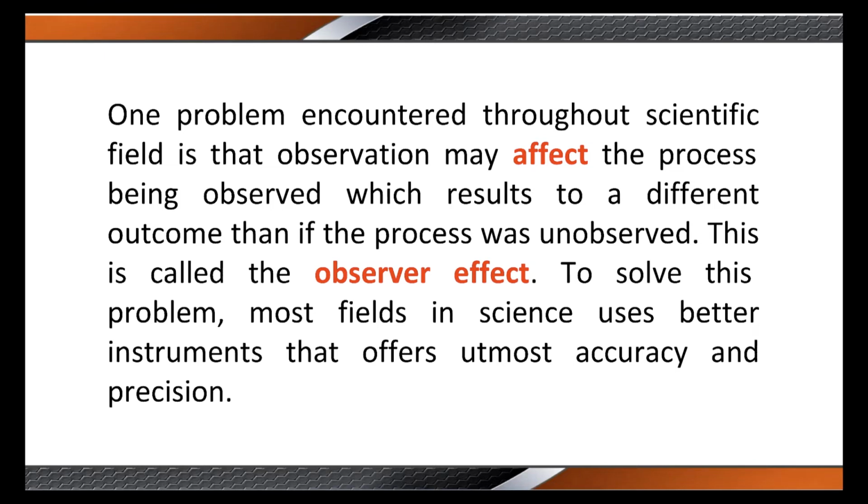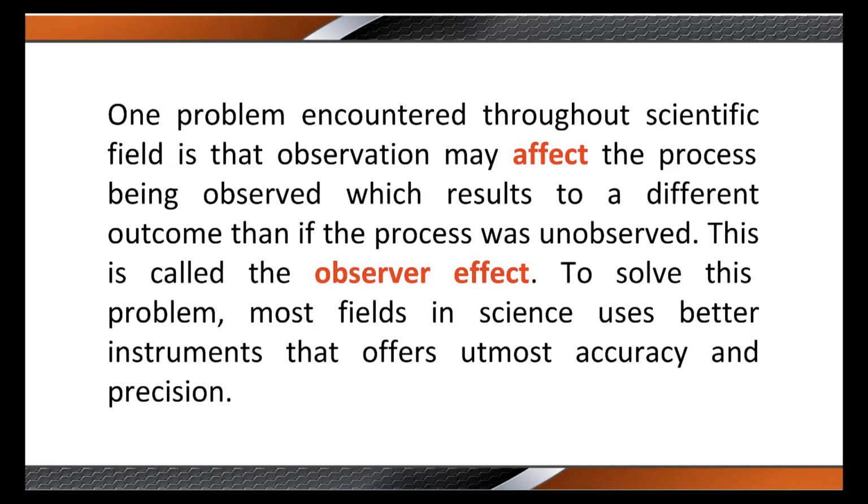What we're looking at is when you go to observe something, just in the act of observing it, you alter it inadvertently. If you go to observe something and you cause that object to be changed, that's called the observer effect. There are ways that we can reduce that observer effect, so that we can account for those differences.